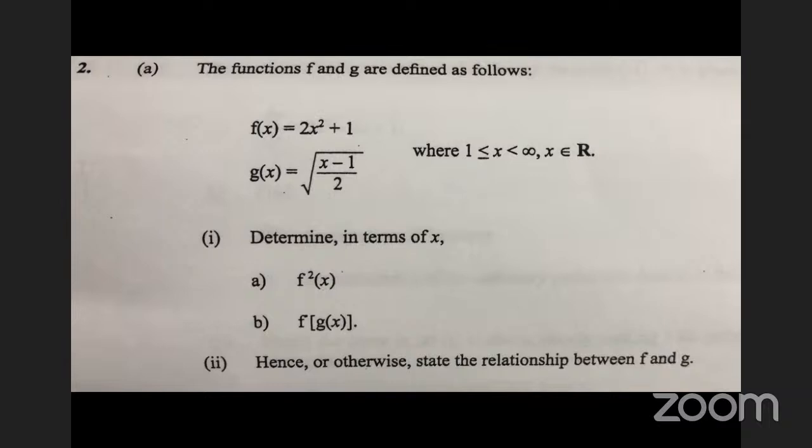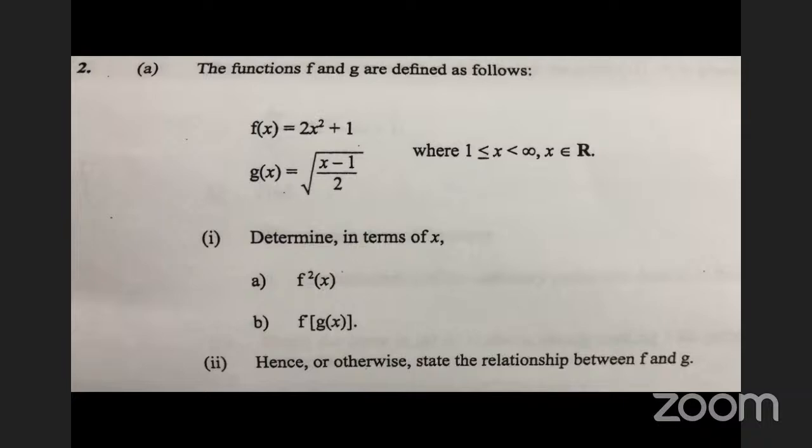So they gave you two functions, f of x and g of x. They want you to find f squared and f of g of x. And then let's see if we can figure out the relationship. Yeah, that's in part 1 and 2. Part 1 is the only calculation.